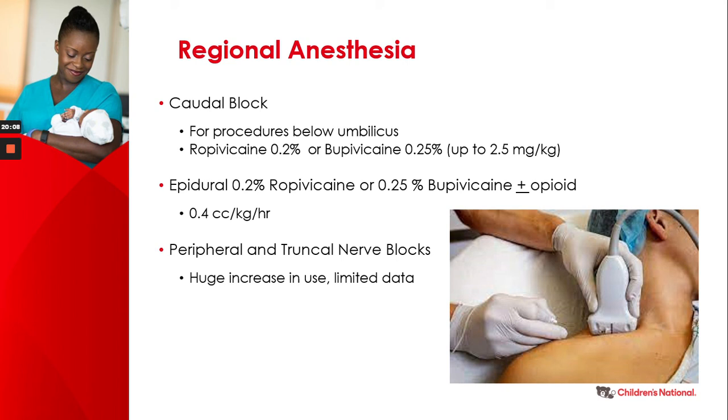And overall, even though there's limited data to support them, because providers have become so good at targeting these nerves and minimizing the risk and complications, the risk has gone down so much that overall it's worthwhile to consider them for procedures.